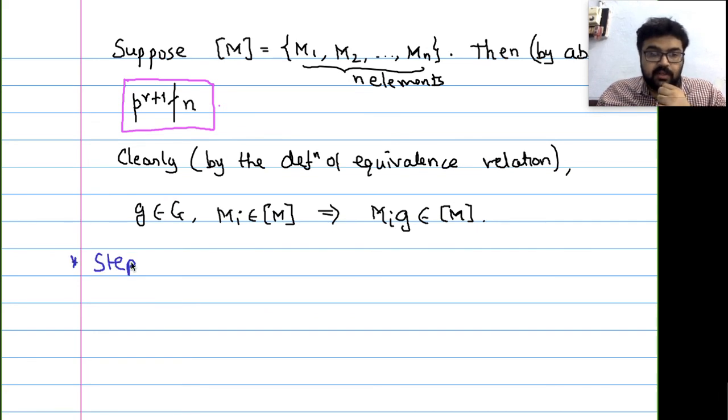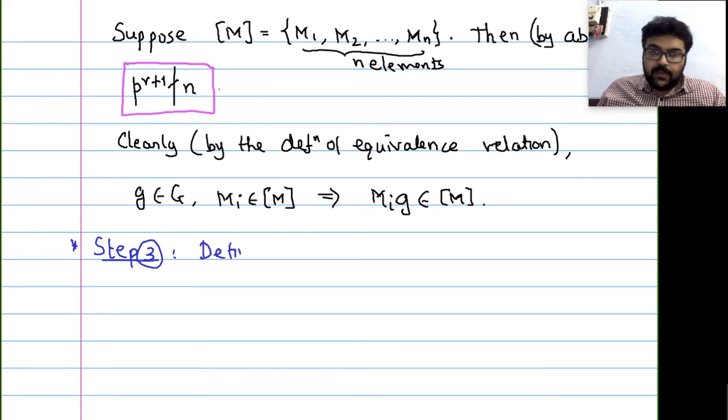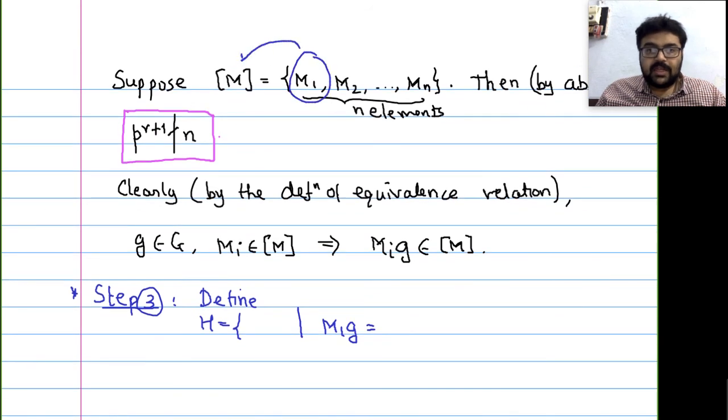We are interested in all those g for which, so define H equals to, right? So if I take m1g, m1 is an element in this class. If I take m1g, either it is going to be m1 or it is going to be in the same class.